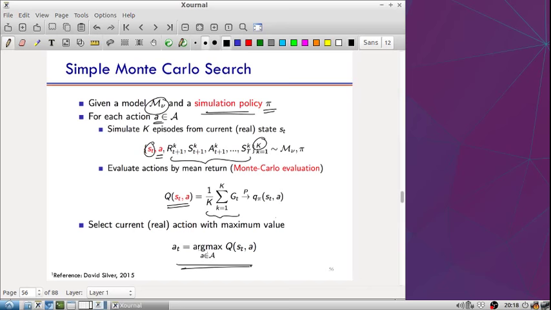For each action, I'll do 100 simulations. I need a simulation policy, which could be random, for example. 100 times I'll roll out and figure out the average, how many times I'm winning from there. Winning is dependent on the simulation policy, but I just look at the proportion of times I'm winning. Same thing with each action, and I take the action which has the highest number. Of course, this depends on having some simulation policy.